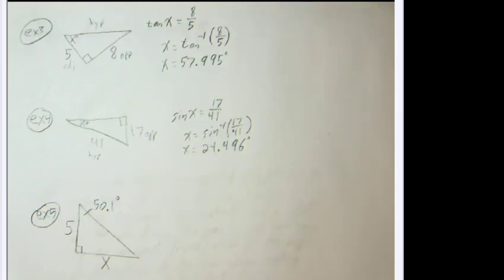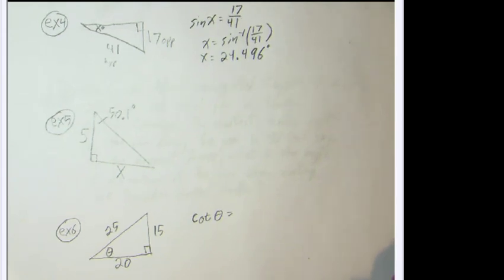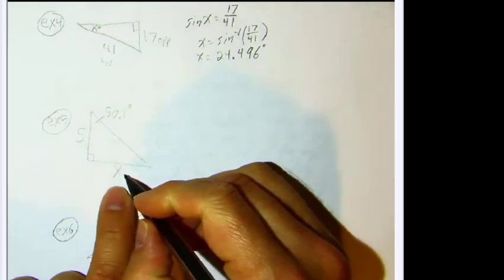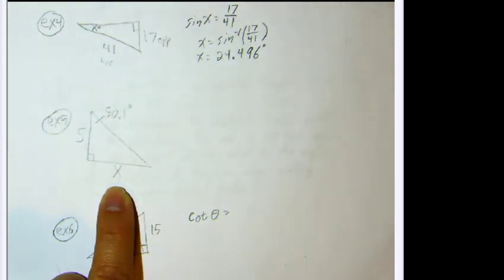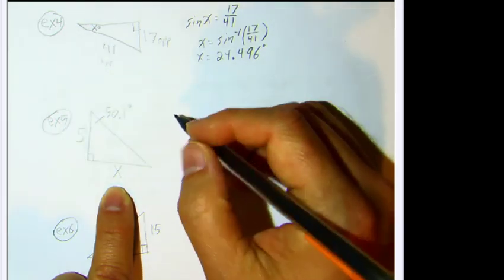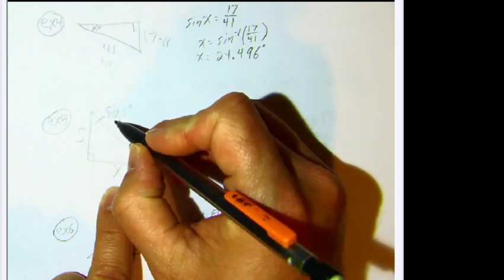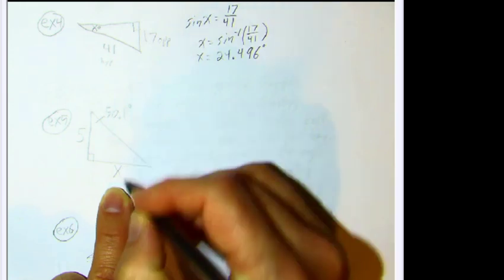Okay, next we have here on example 5, now we've got a slightly different setup. We have an x now as one of the sides of this triangle. So I'm going to use the angle that I'm given here. So from this angle, this 50.1 degrees, I'm going to say x is our opposite side.